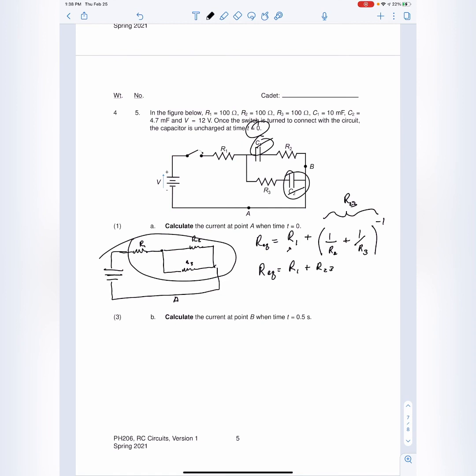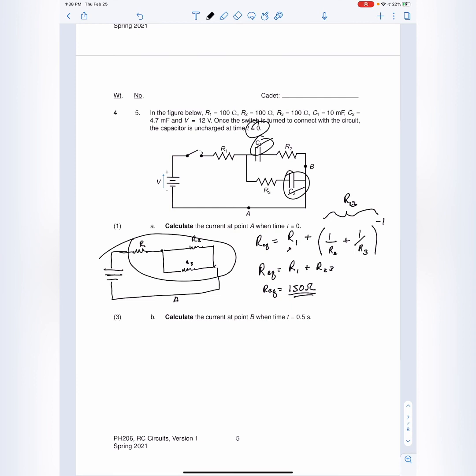That should equal, resistor equivalent, 150 ohms. And that should be your answer for the resistor equivalent.